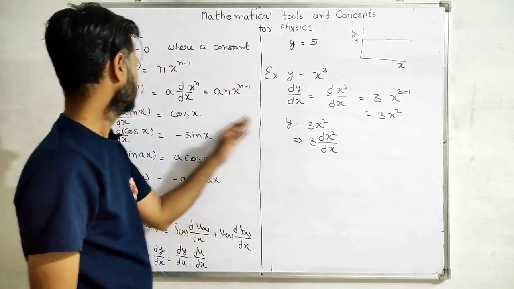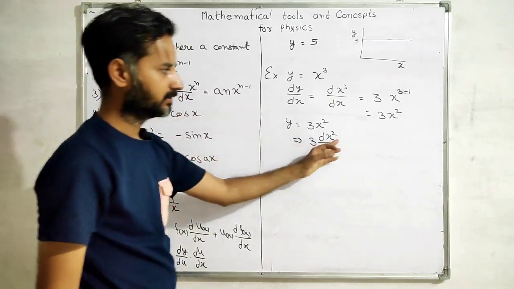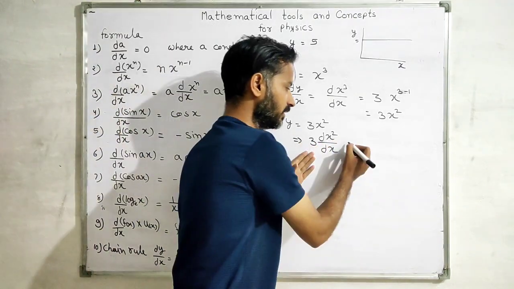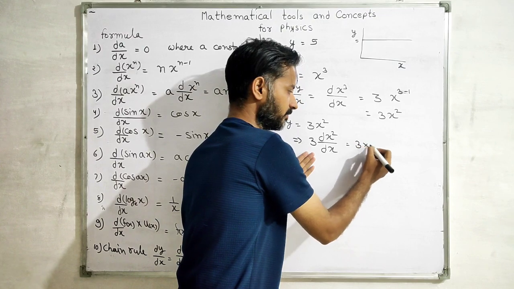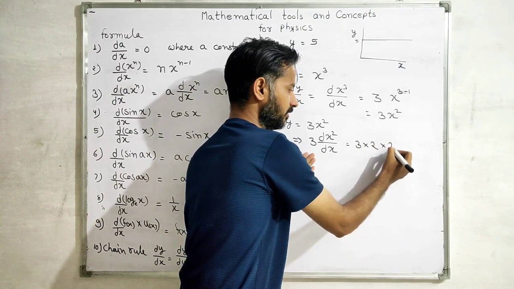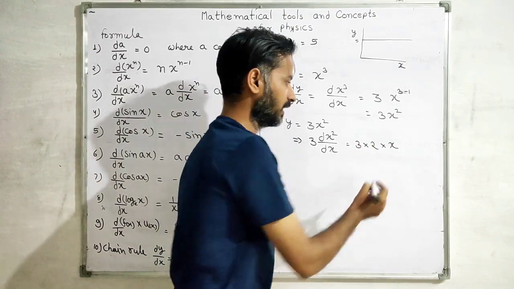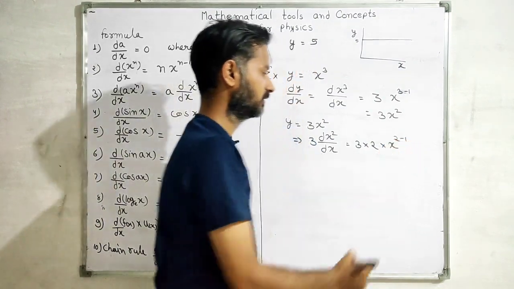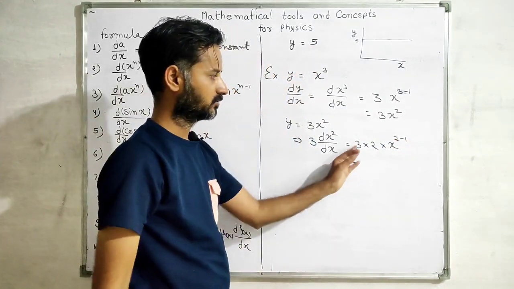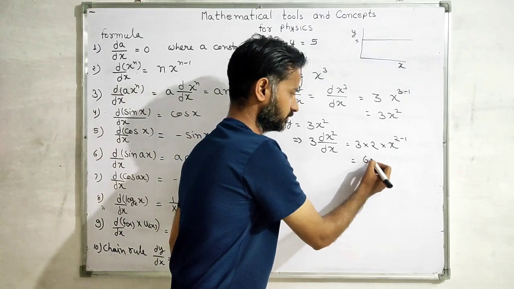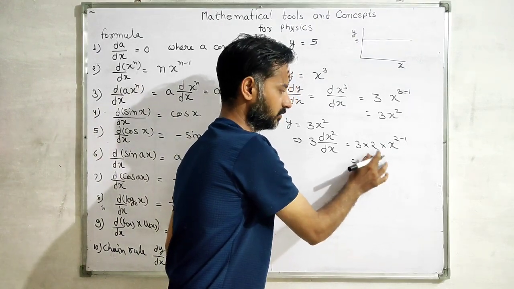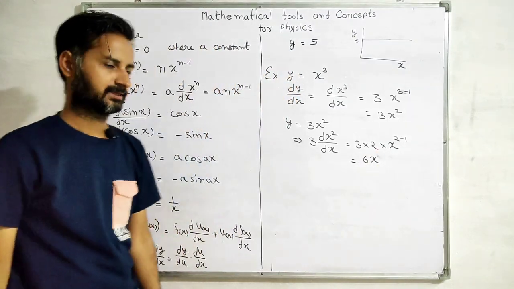Now by second rule, this 2 comes forward in multiply with 3 and power will become 2 minus 1, 3 into 2, 6 x to power 1 or 6x.